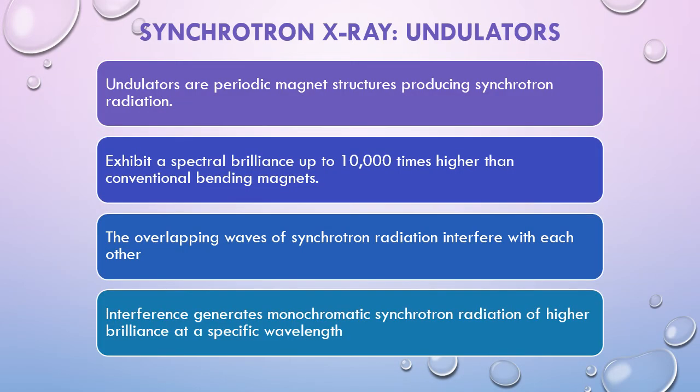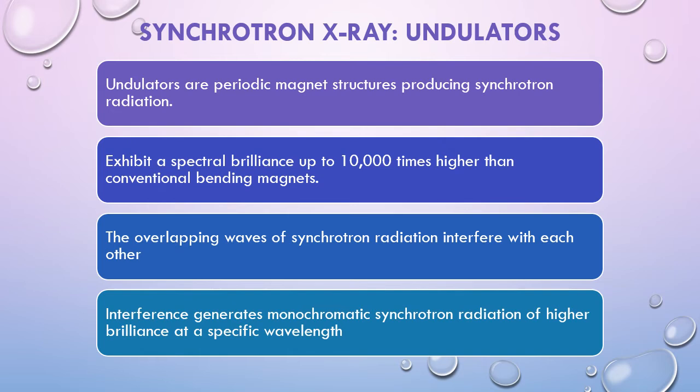In the production of the synchrotron X-ray, there are undulators in the LIGA process. Undulators are periodic magnet structures which produce synchrotron radiation. They exhibit a spectral brilliance up to 10,000 times higher than the conventional bending magnet.